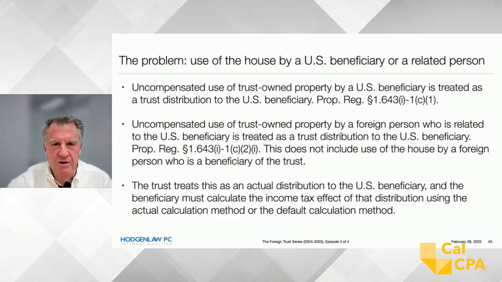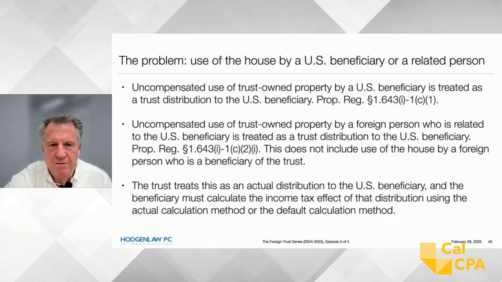Now we come back to the original idea, and let's assume away the estate tax problem. It's fixed. We did it right. We're just looking at the U.S. beneficiary and the U.S. beneficiary's income tax problem. So we start from the top that says, when you have uncompensated use of trust-owned property by a U.S. beneficiary, that's treated as a distribution from the trust.